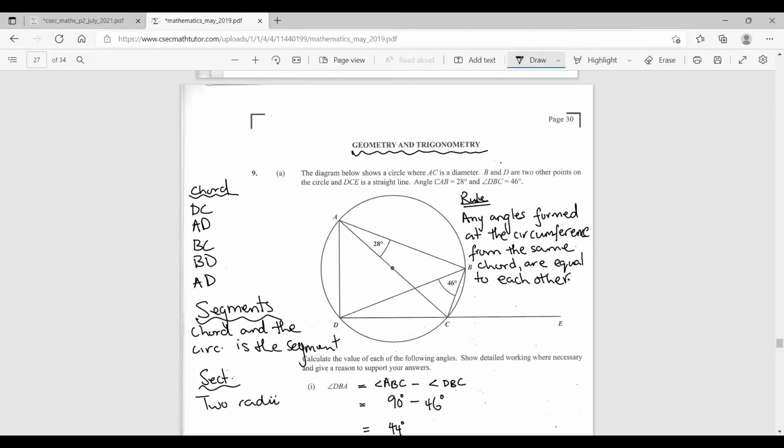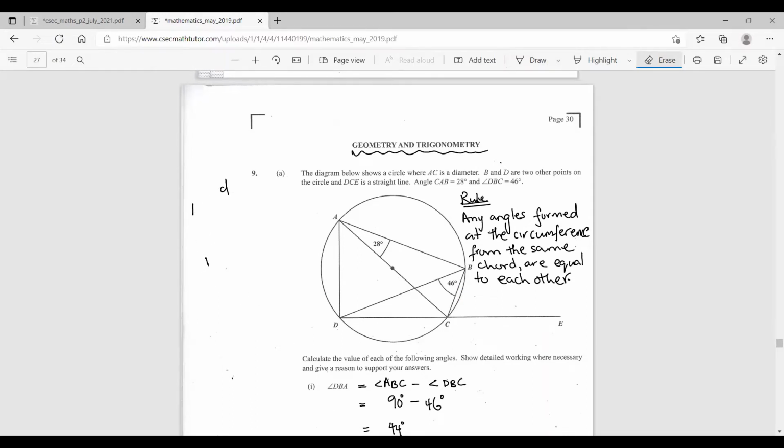Right, so the rule that we are focusing on now is any angles formed at the circumference from the same chord are equal to each other. So we have this chord here, BC. The angle created on the chord at the opposite circumference.